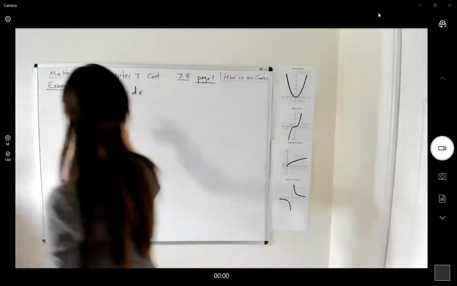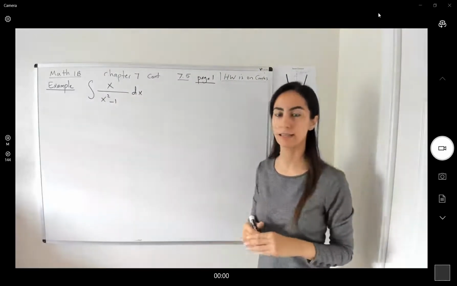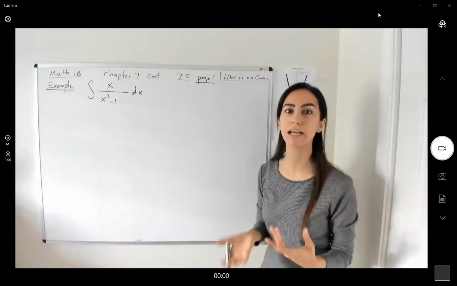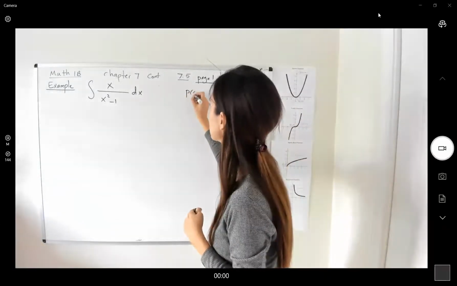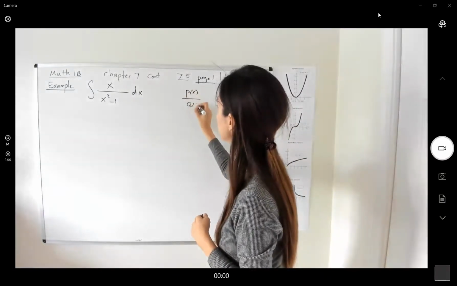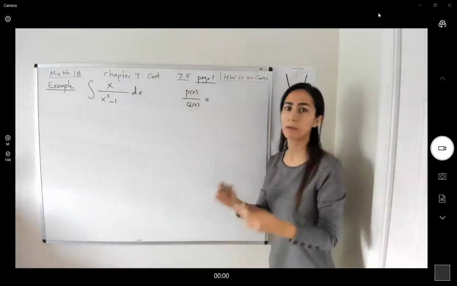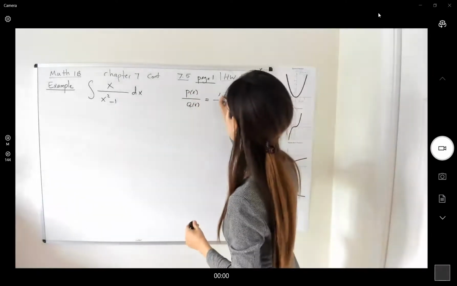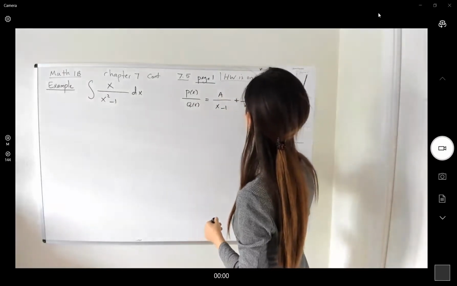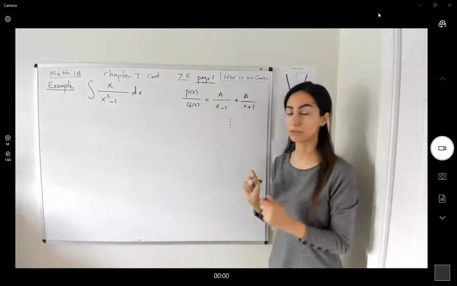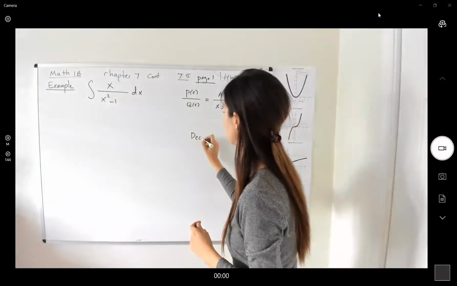So first you look at this integral and say, I have a rational expression. You might say, I can write it as p(x) divided by q(x), and then I'm going to decompose this into a over x minus 1 plus b over x plus 1, and so on. Decomposition of fractions.